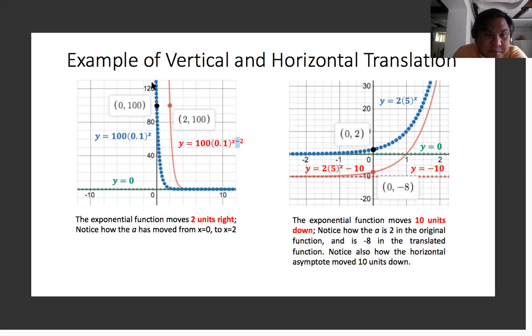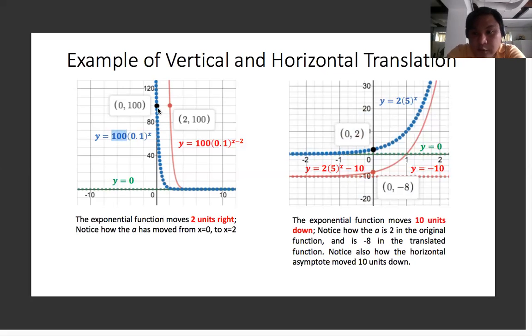Notice how the parent function moves 2 units towards the right, following the horizontal translation of -2. To prove that, I looked at the a values. In this particular case, for the blue one, the a is positive 100, and it is found that x is equal to 0.